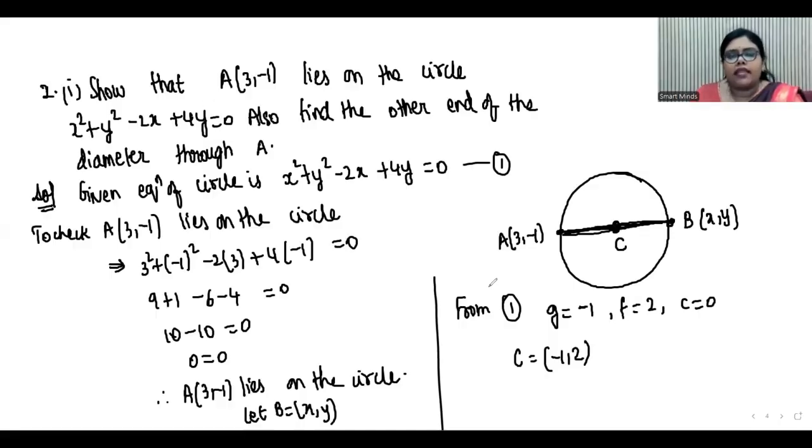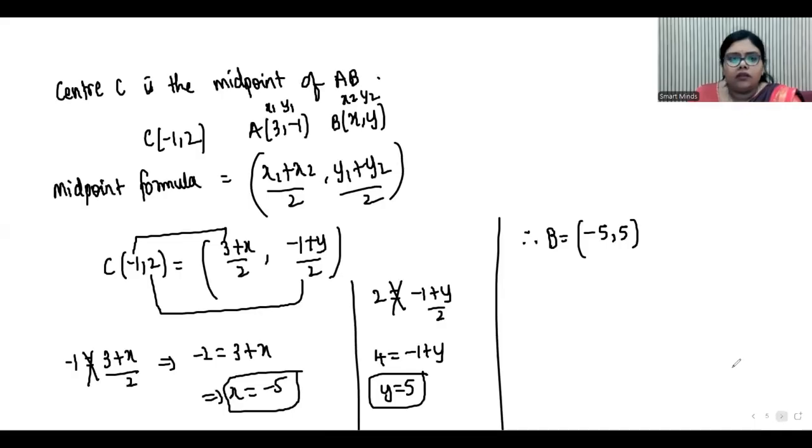Here in the second question, first bit, we made a mistake. Center is (-g, -f), so the center should be (1, -2). So here it will be (1, -2). So this is plus 1, this is plus 2.